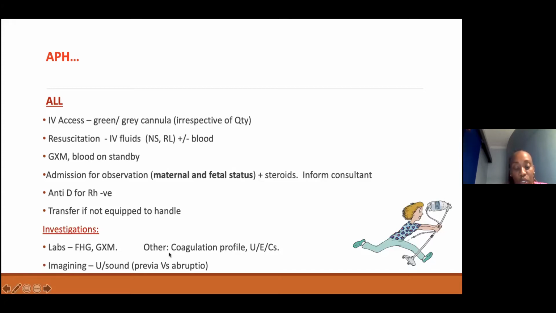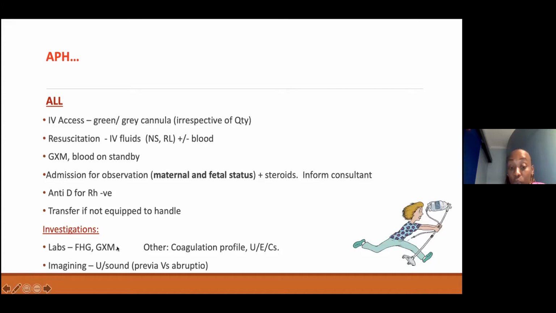Lab works that you'll run include your full hemogram, to see what kind of HB you are starting off with, and cross-match. Imaging becomes crucial because you want to confirm, do we have a placenta previa or an abruption? Let me just tell you something small about abruption. Ultrasound is not very good at ruling it out, because if you don't see an abruption, it doesn't mean you do not have an abruption.